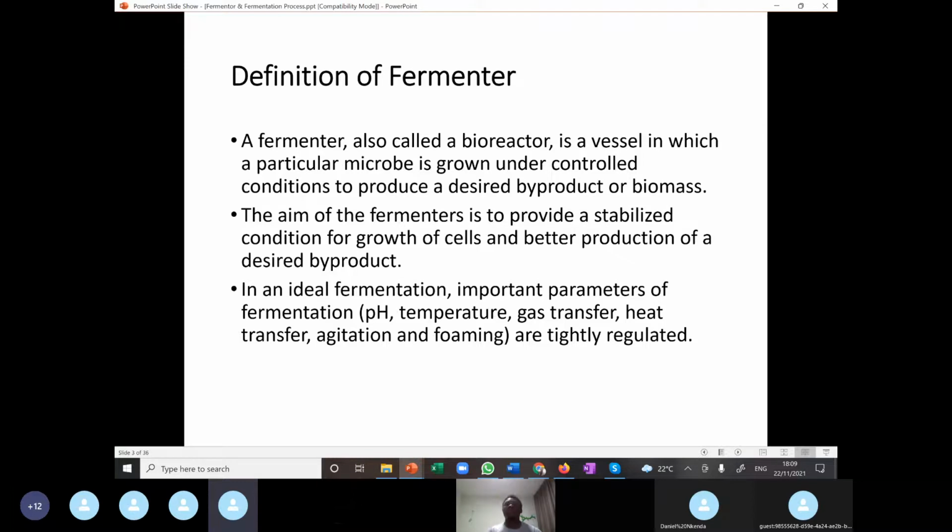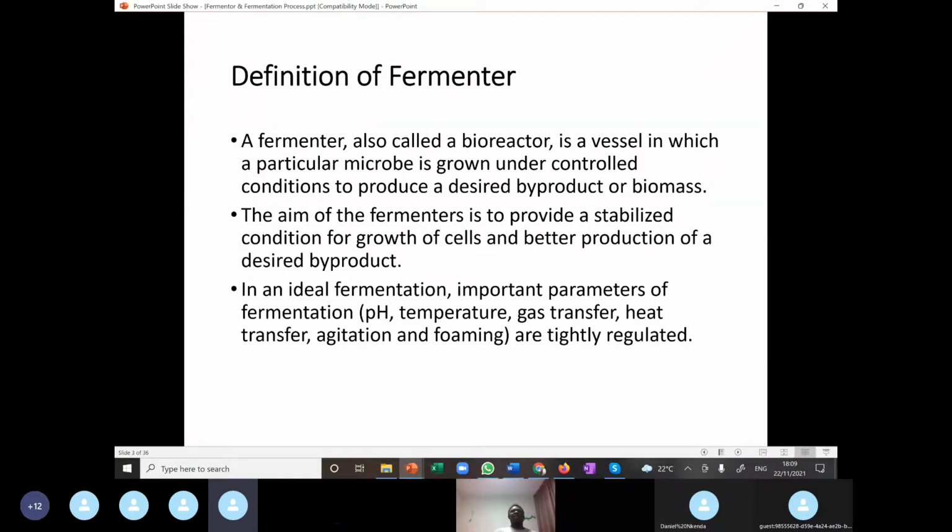Under controlled conditions, we can stimulate the organism to either grow in excess if you are interested in biomass, or to produce primary metabolites in excess, or to produce secondary metabolites in excess.